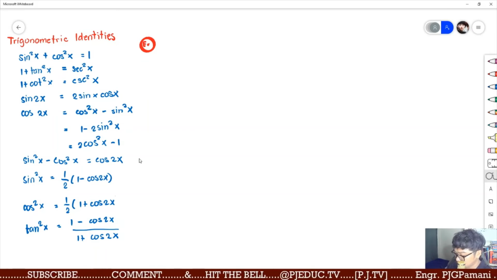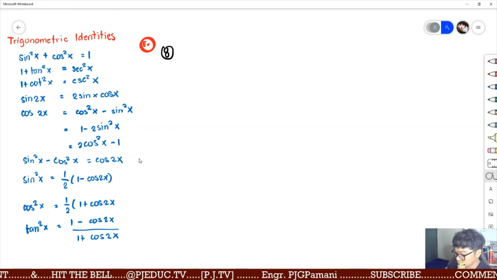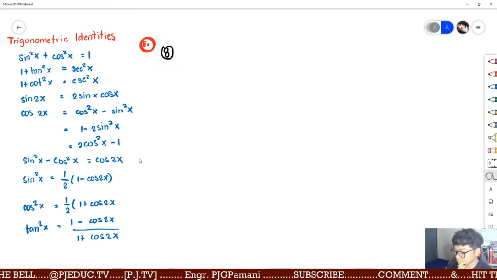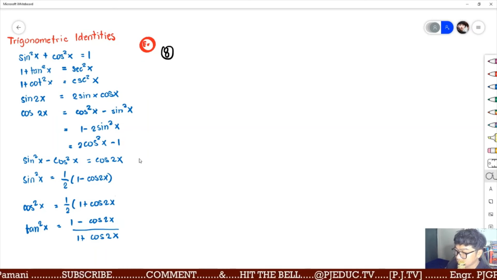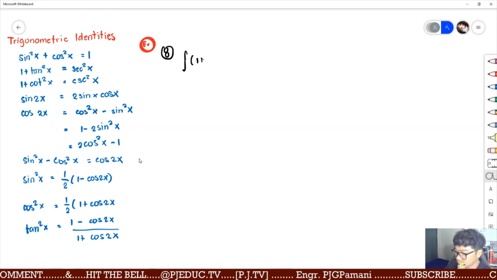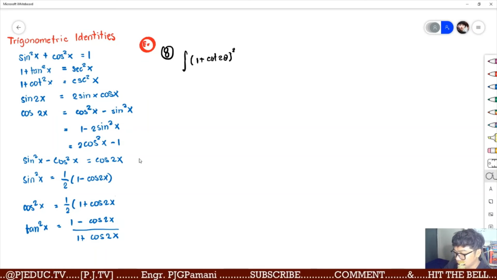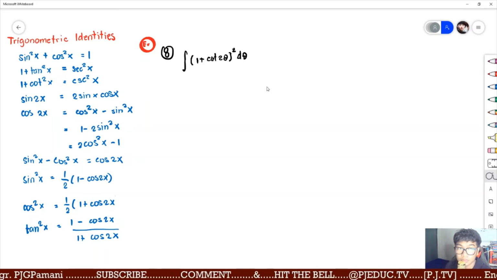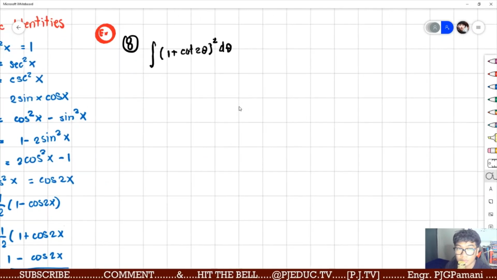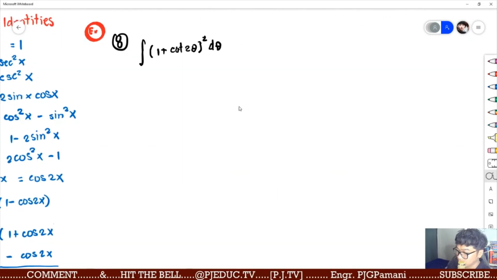Number 8. What if you're asked to evaluate the indefinite integral of 1 plus cotangent 2 theta squared d theta? Yun na.